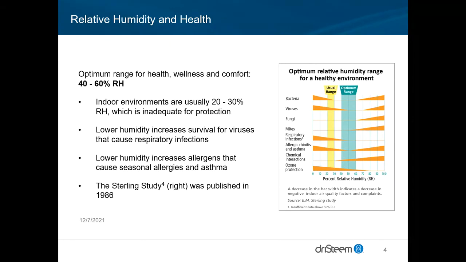When you talk about how humidification levels in buildings change without humidity, it's really because we take cold outside air and heat it, and we're going to look at an example of that here in a little bit. But just want to keep the focus in that 40 to 60 range.